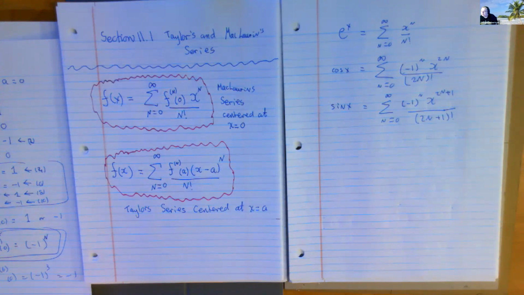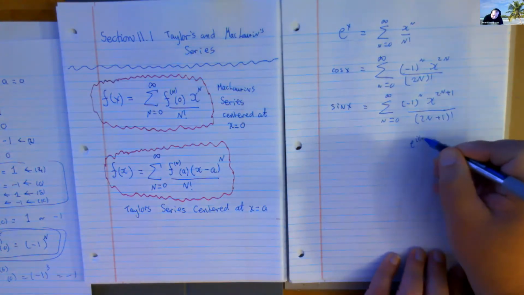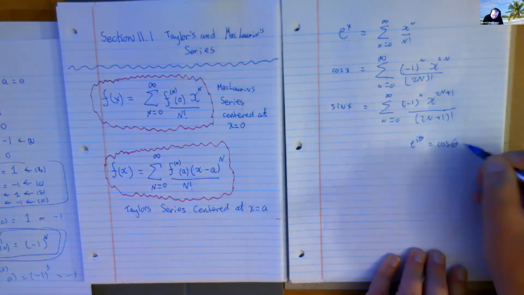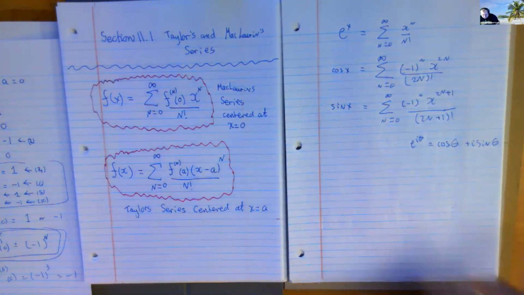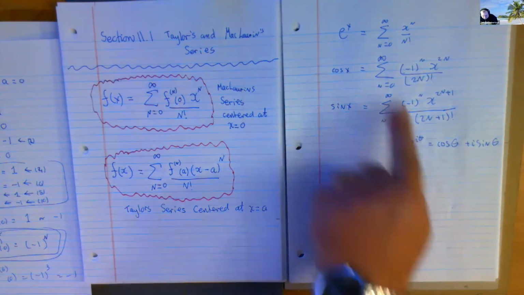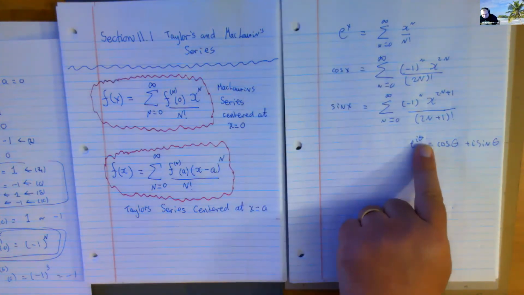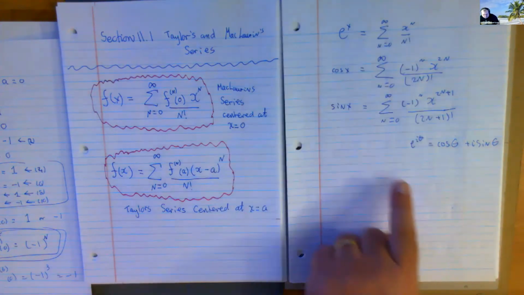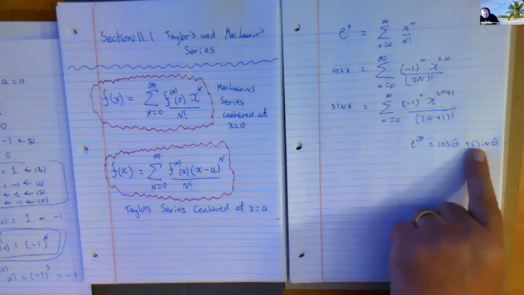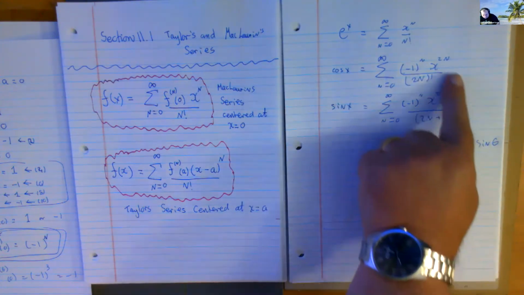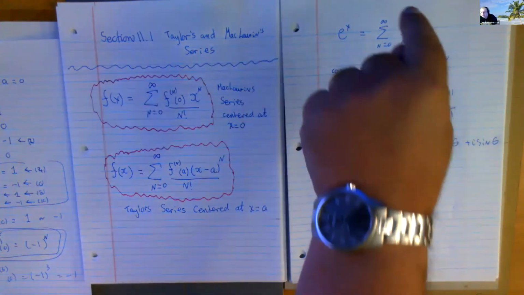That's weird. There's a thing called De Moivre's theorem, which is e to the i theta. And it says that e to the i theta is cosine theta plus i sine theta. Right? If you take the power series and replace x with i theta, if you take this guy and just replace the x with theta, and you take this guy and stick an i in front of him and replace the x with theta, these two together generate him.